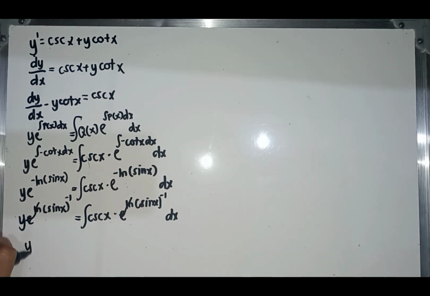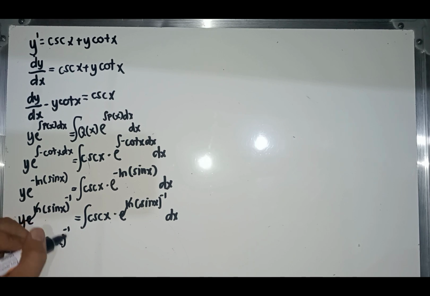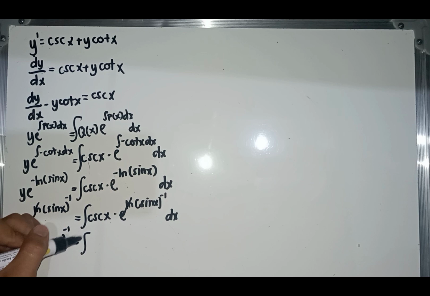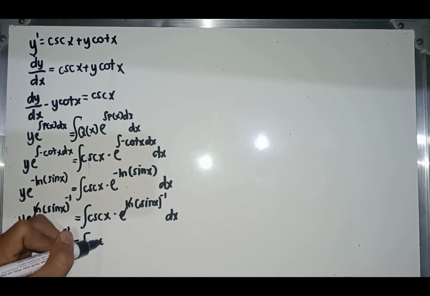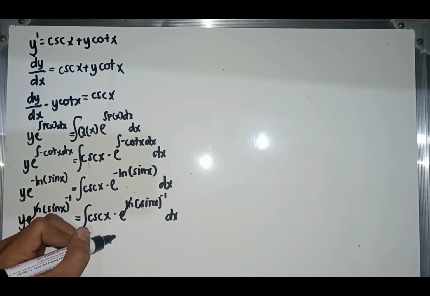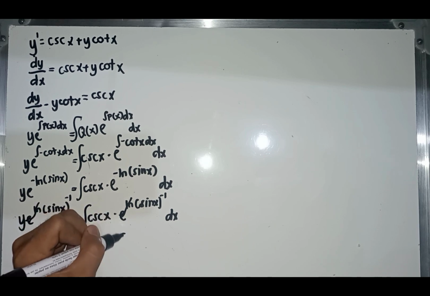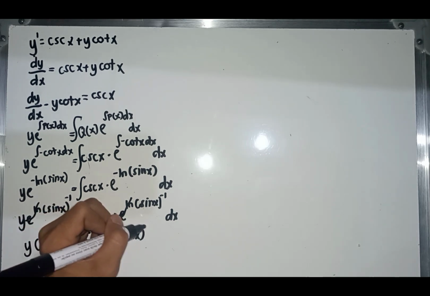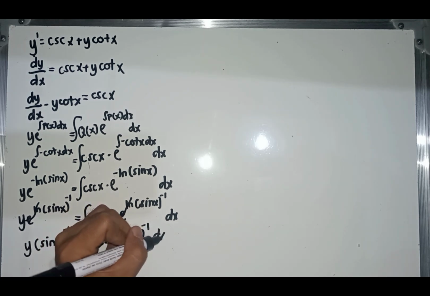We're left with y multiplied by sine x to the power of -1 is equal to the integral of cosecant of x multiplied by sine of x to the power of -1 dx.